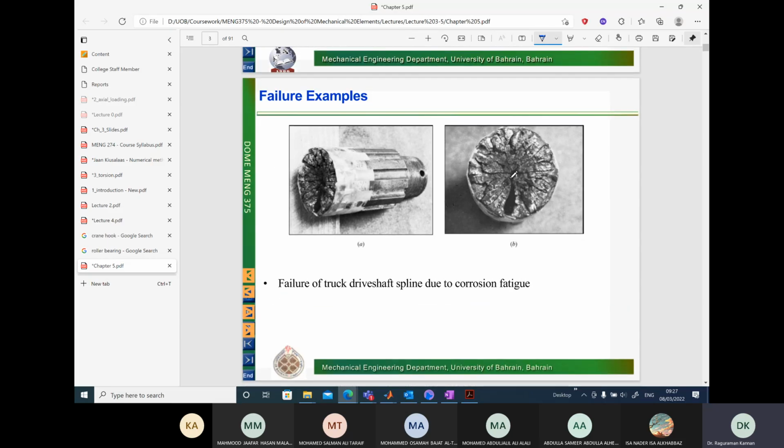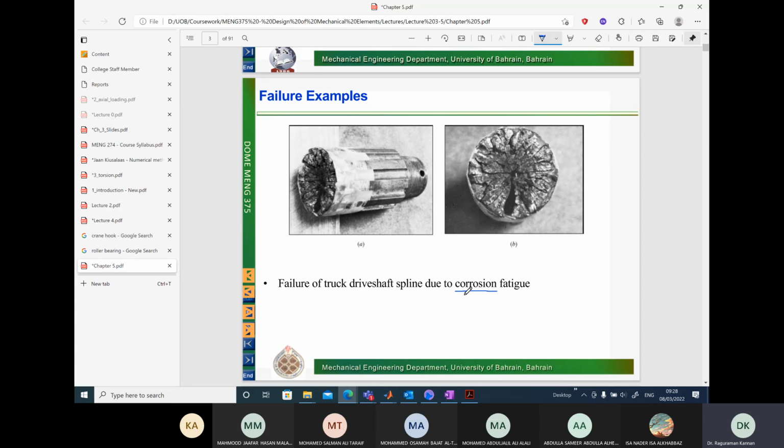So this is an example of a fracture on a drive shaft. And you can see here, this is basically not due to static failure, but due to dynamic loads and dynamic stresses within the material combined with corrosion effects, leading to corrosion fatigue. In reality, most of the components you are going to see undergo dynamic failure due to dynamic loads.